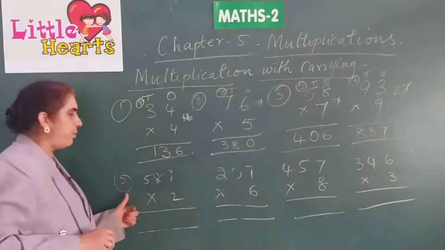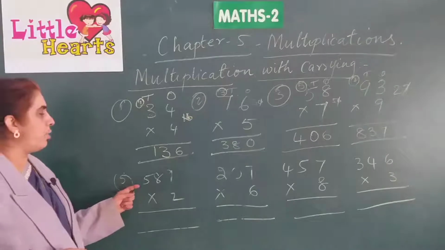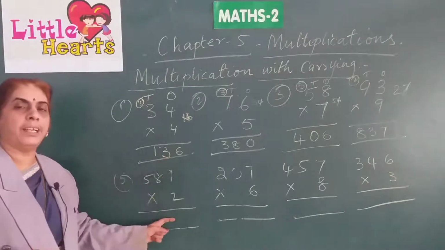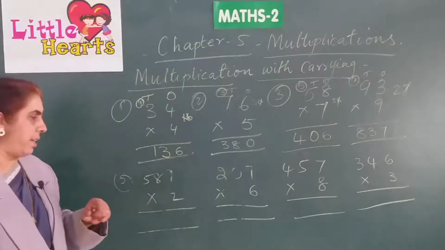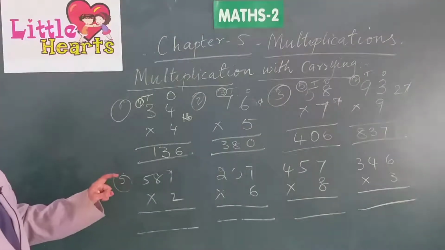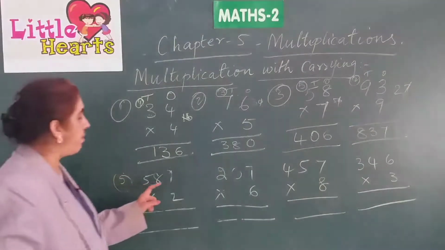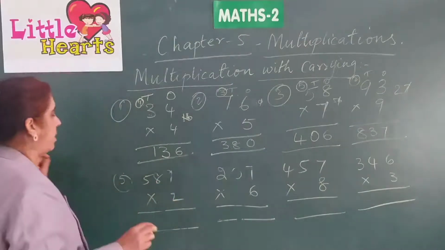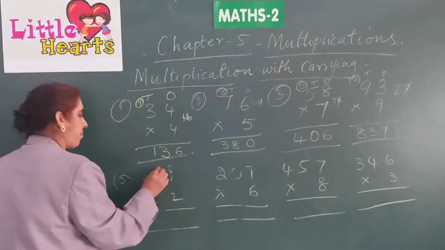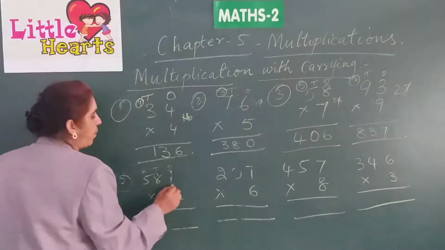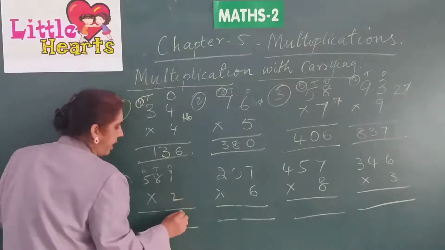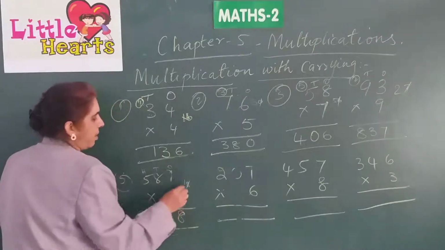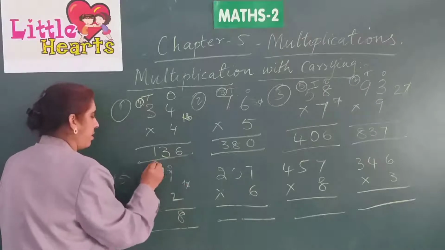Now, coming to the multiplication of a 3-digit number with a single digit number with carrying. The same process also. Always start multiplying from the ones place digit only. 2 nines are 18. Carry 1 here.